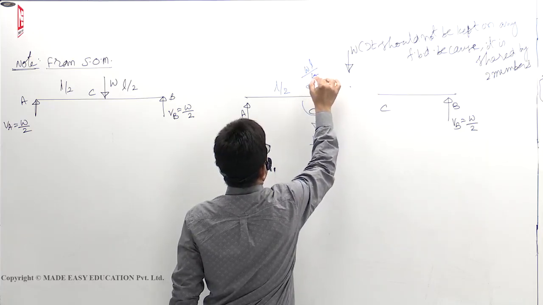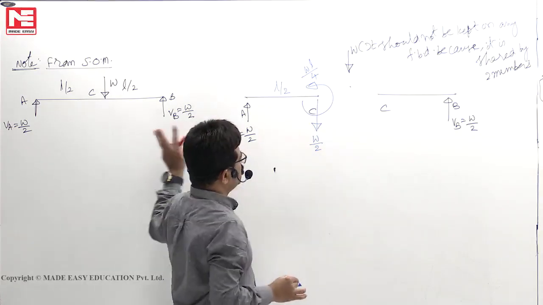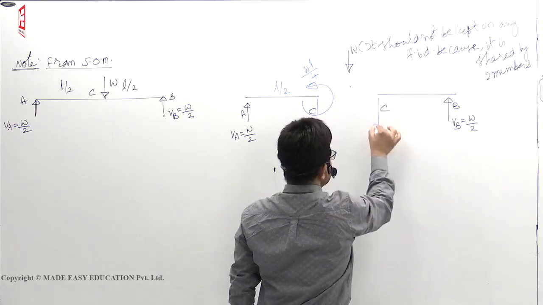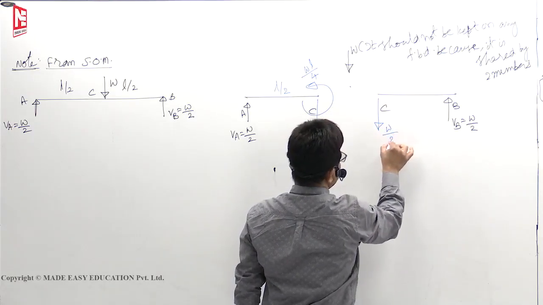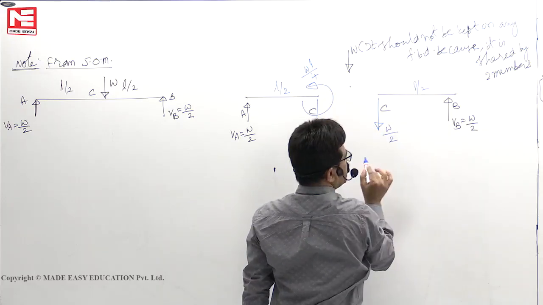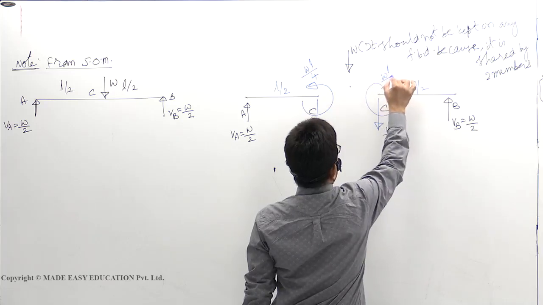W by 2 into L by 2, WL by 4. So this is over. Now come to this free body diagram. W by 2 up. To balance it, here it should be W by 2 down. Now it is anti-clockwise couple. W by 2 into L by 2, WL by 4. To balance that clockwise, it will develop WL by 4.